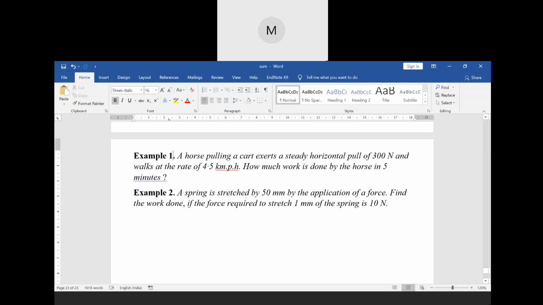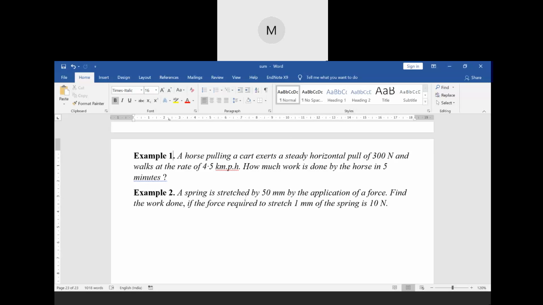Time is given in minutes, right? And the unit of work done is newton meter, yes or no? So you have to convert this kilometer per hour into meter per minute, right?